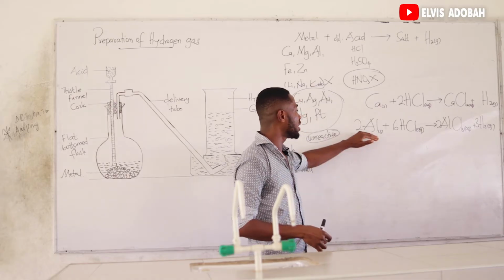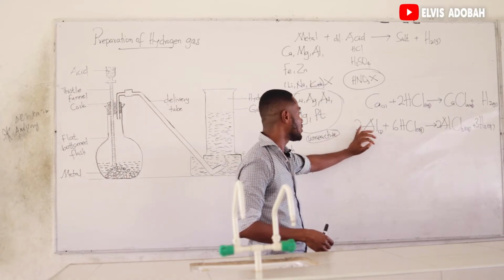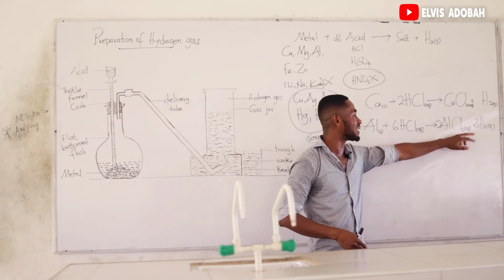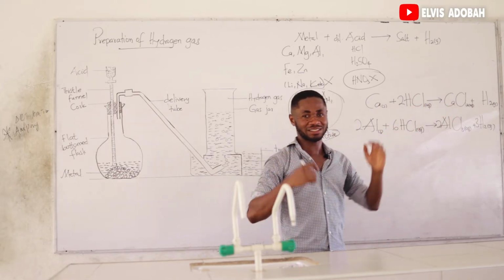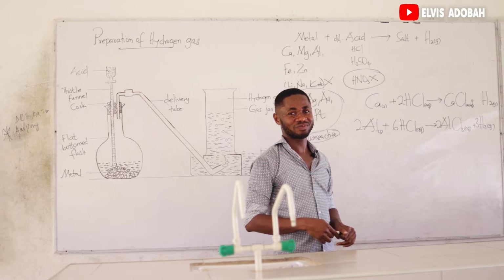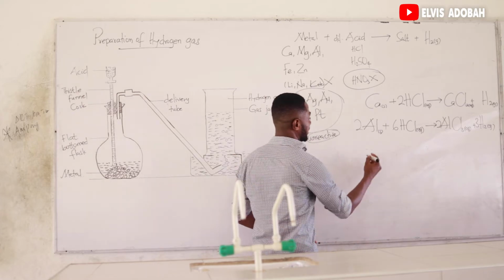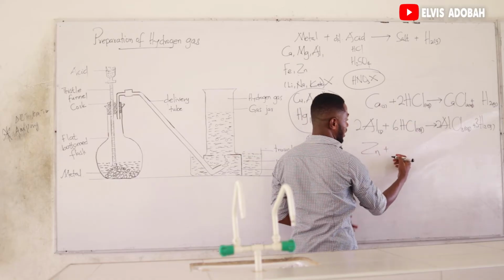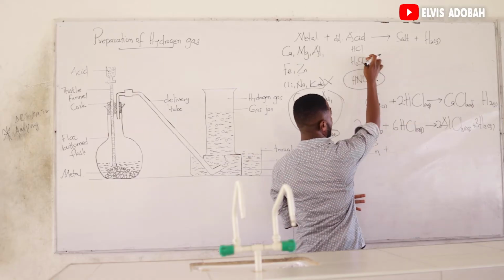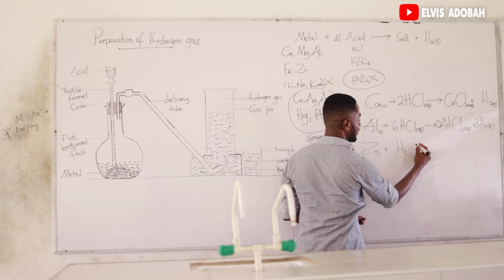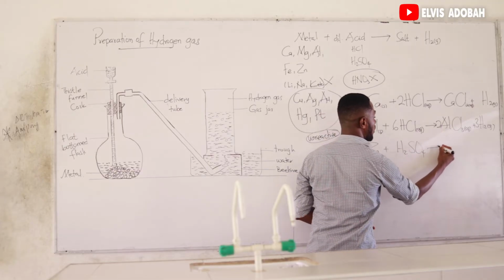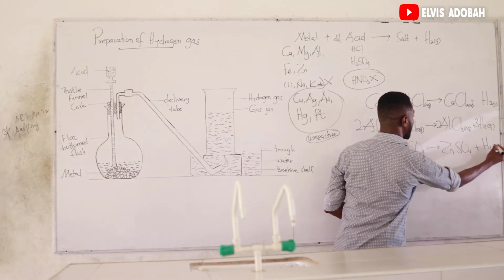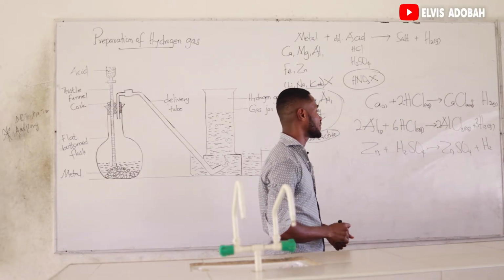We have aluminium metal reacting with hydrochloric acid to form aluminium chloride and hydrogen gas. We also have zinc metal reacting with either HCl, but this time let's try tetraoxosulfate(VI) acid, to form zinc sulfate and hydrogen gas.